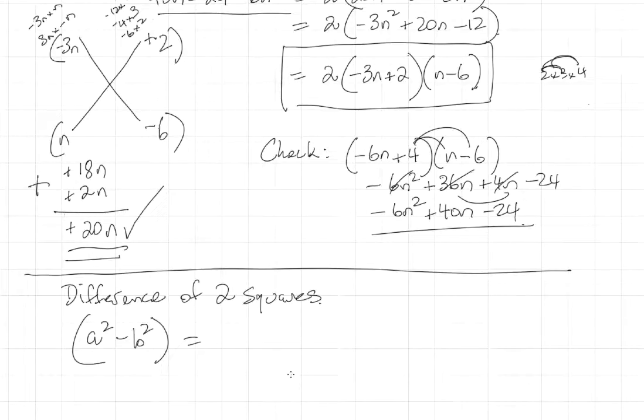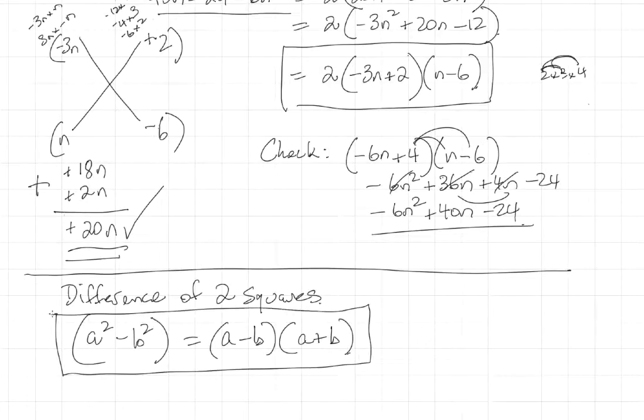All we need to do is to recognize this pattern and remember it. It is a minus b times a plus b. Now that's one that needs to be committed to the memory bank, and recognize that. I will abbreviate difference of 2 squares as DOTS. So when I talk about DOTS, that stands for difference of 2 squares.